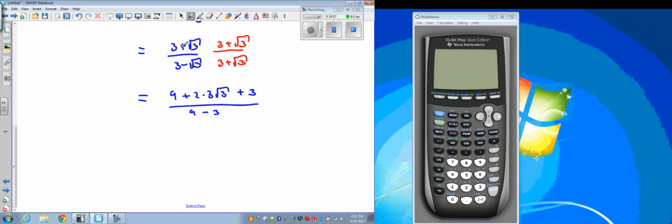Remember I told you that when you got squared terms and it's a binomial sum, it's always the first term squared, 2 times the product of the first times the second, plus the second term squared, because doing this by FOILing just takes too much time. 12 plus 6 square root of 3, and then it's over 6. So here is 2 plus square root of 3.